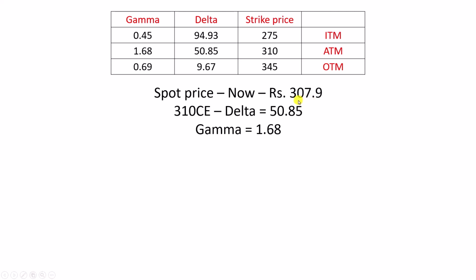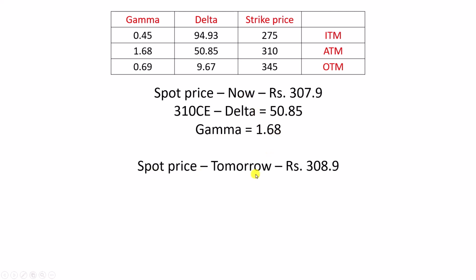When the spot price of Canara Bank is 307.9, I buy the option of 310 strike price. Now it has a delta of 50.85 and gamma of 1.68. Now this is today.